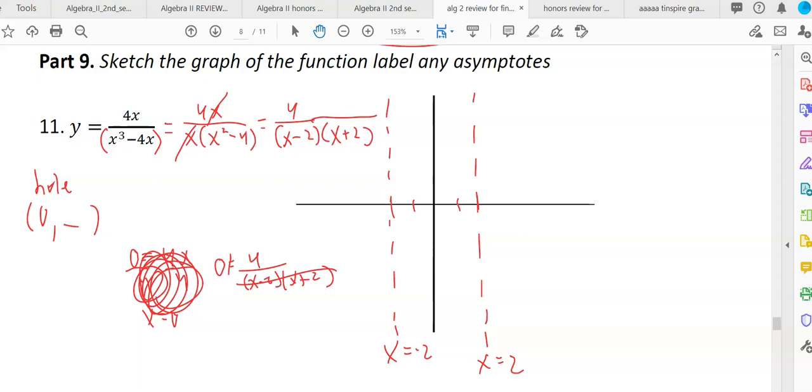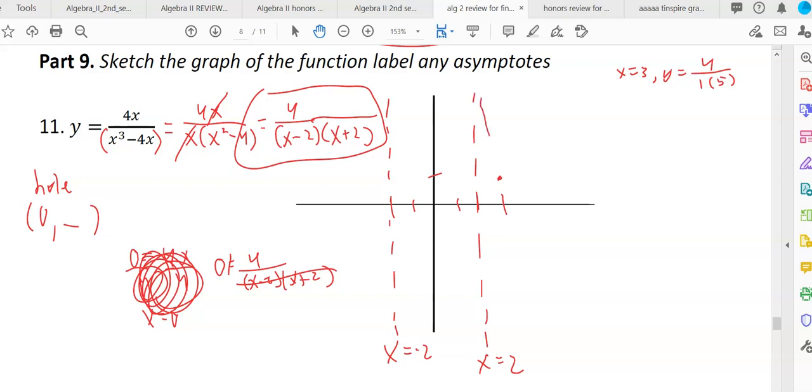Okay, we're going to have to plug in some points here, so let's plug in 3 and see what happens. So you're plugging into this guy, really. So if x equals 3, then the y value would equal 4 over 1 times 5, or 4/5. I'm not so worried about the actual value of 4/5, but it's somewhere up here. It's positive.